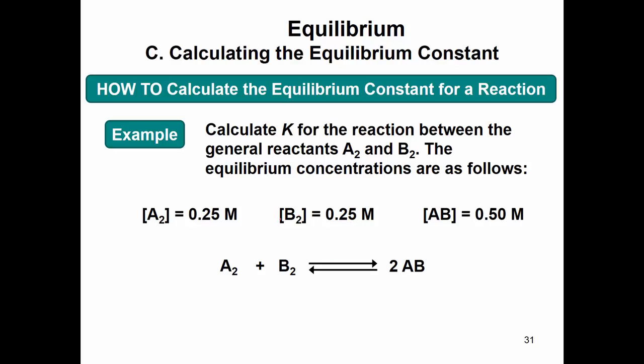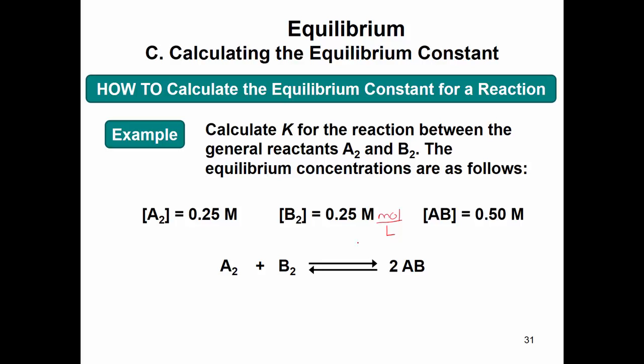These brackets mean concentration, and M stands for molarity, which is moles per liter. This is the concentration of these reactants and the product here.